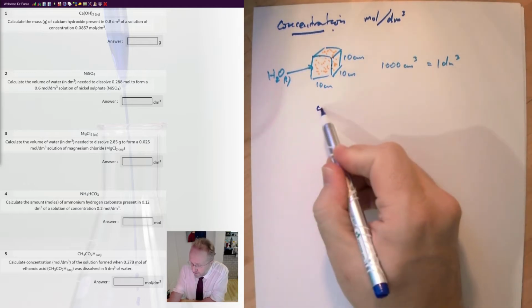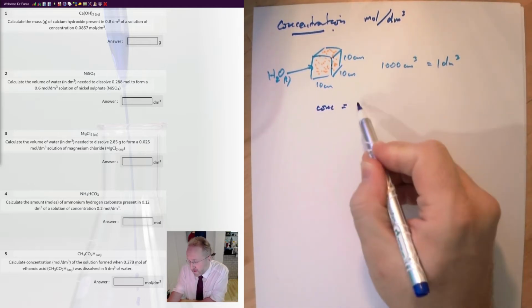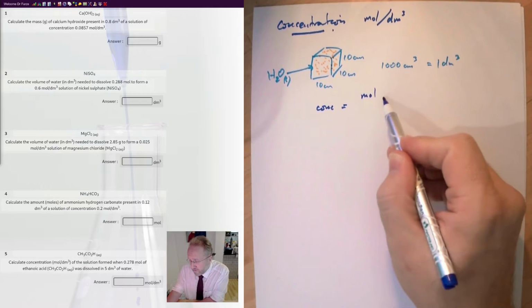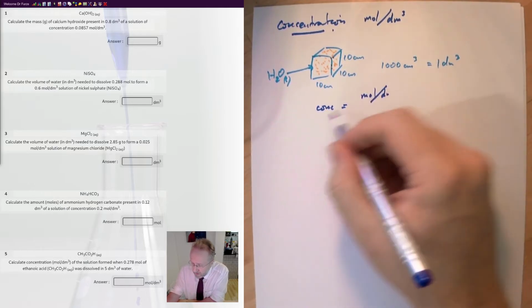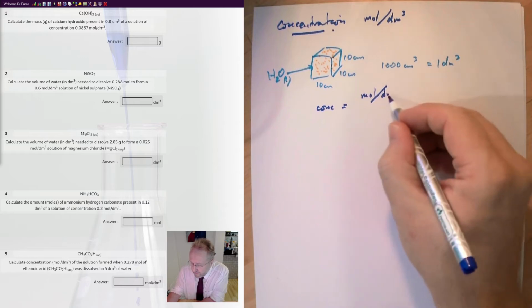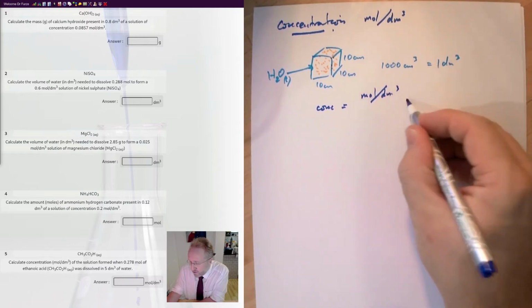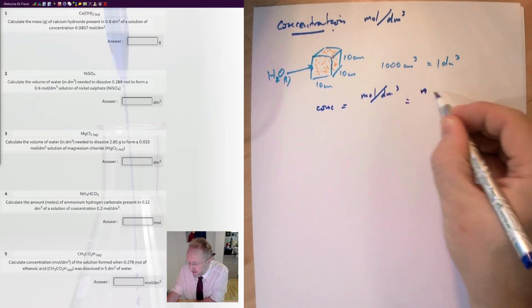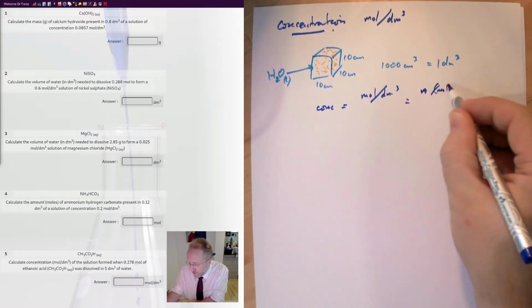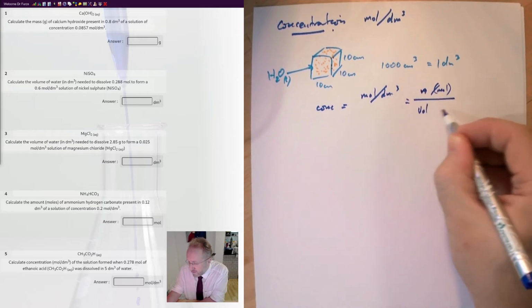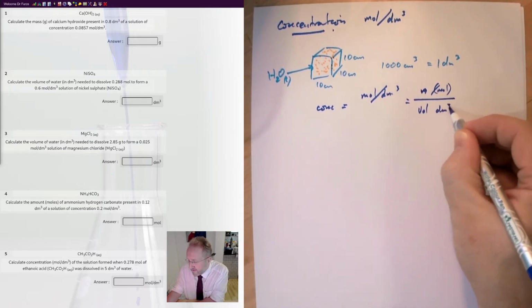equation concentration is equal to moles divided by decimeters cubed, or n in moles divided by volume in decimeters cubed.